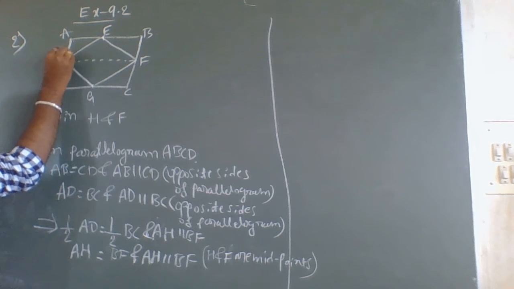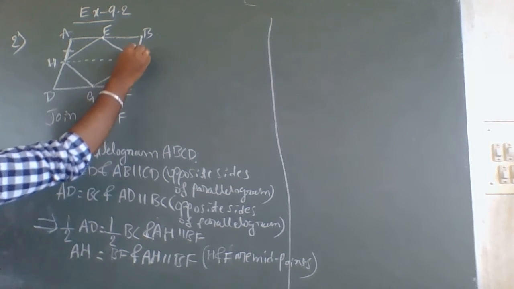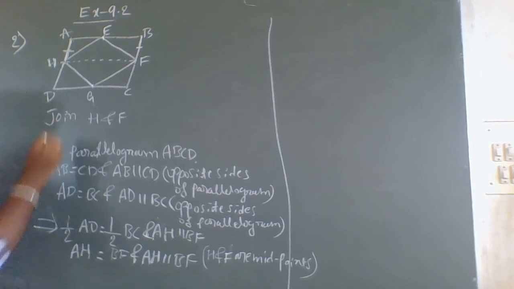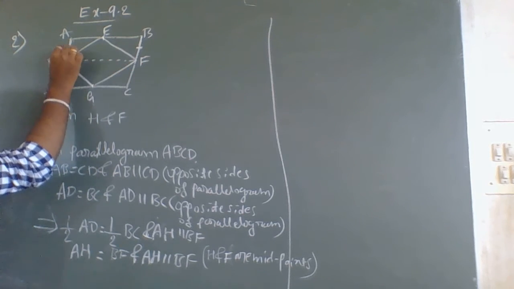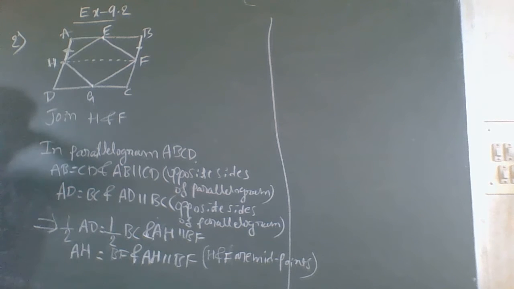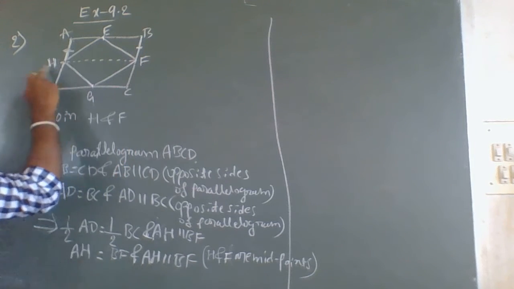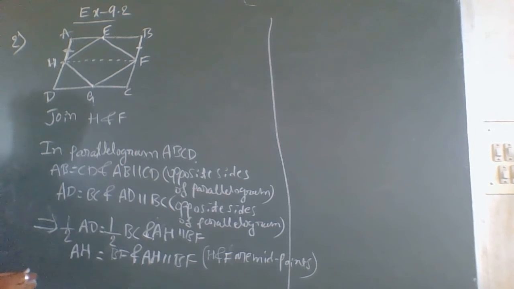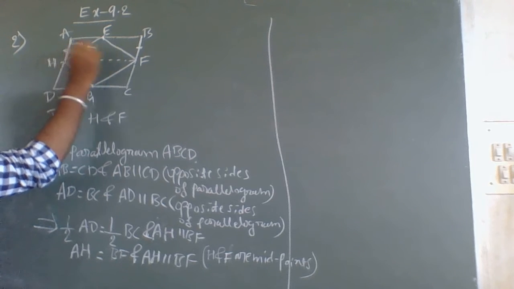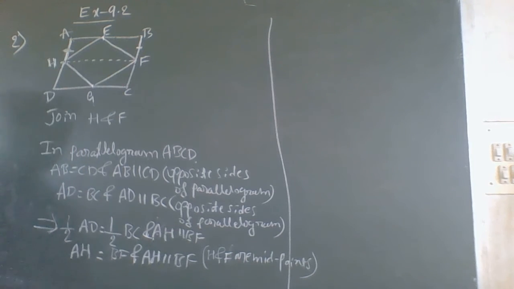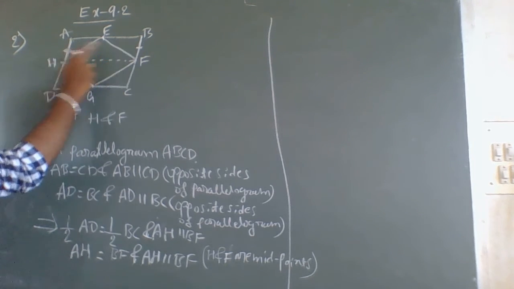So here, in quadrilateral ABFH, we got to know that AH and BF are equal to each other and parallel to each other. Then we can say that this ABFH is a parallelogram. Why? One pair of opposite sides are equal and parallel to each other.